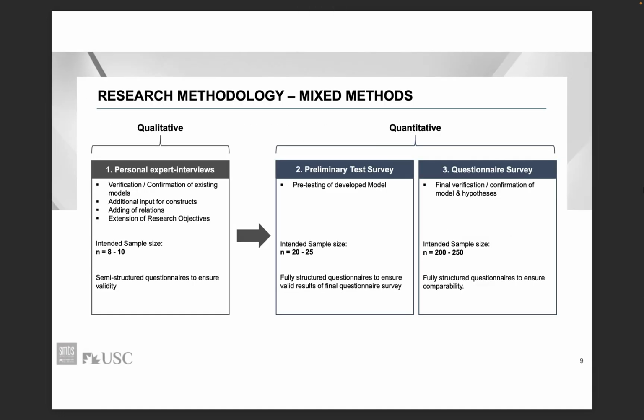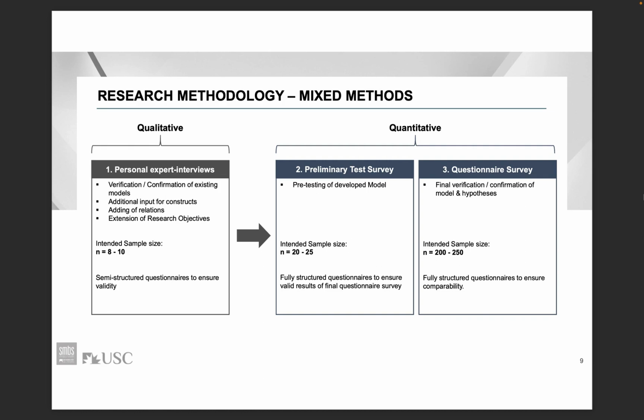From a research methodology point of view, I will use mixed methods here, and I have basically three steps. First step is that I will make a qualitative part that is made by personal expert interviews. I have an extended sample size of 8 to 10 experts, and the basic idea is the verification and confirmation of existing models.